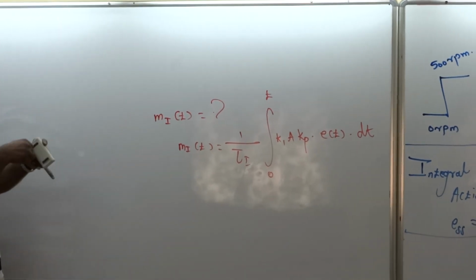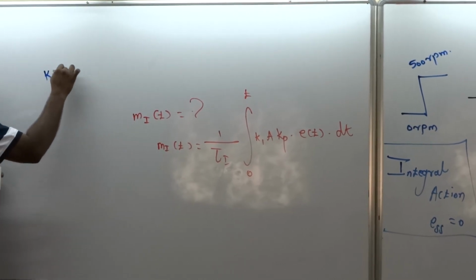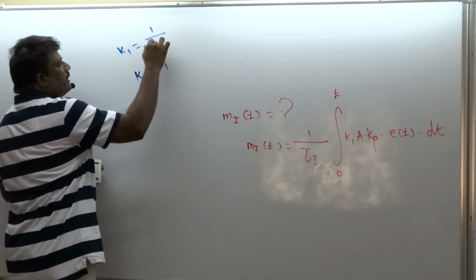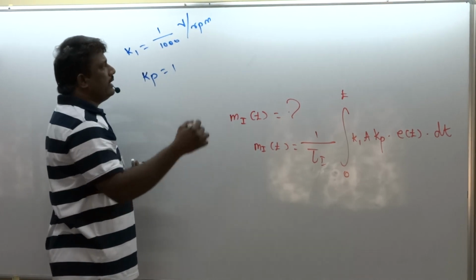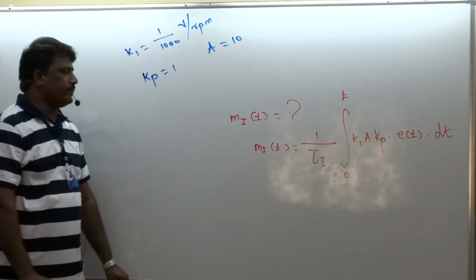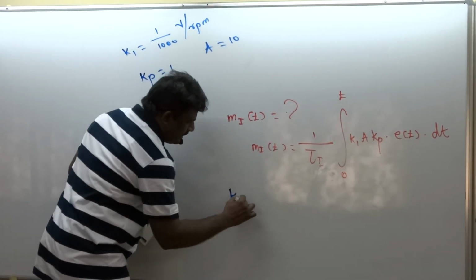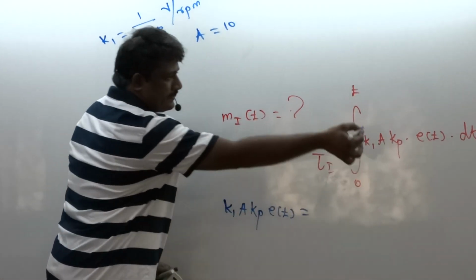And for me, Kp equal to 1. We know Kp is taken as 1. We know K1 equal to 1 by 1000 whole square RPM. If A is equal to 10. Error is also available. So first get the signal K1 A Kp into E of T first.